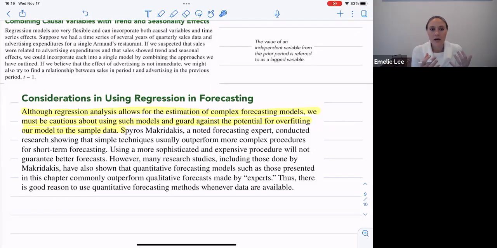Not always, but usually, right? And so the tools that we have here are plenty for what we want to do. That's interesting, but also something to keep in mind. Unless you have a really good reason to have a really big complex model, just stick to the basics that we've talked about here.